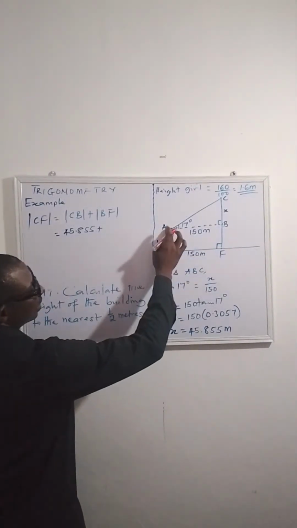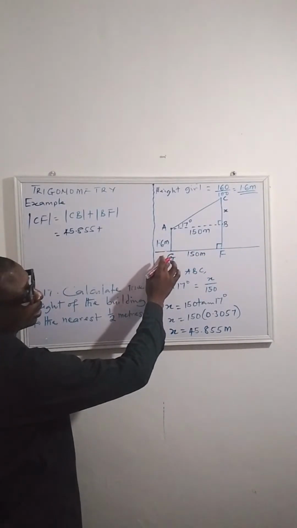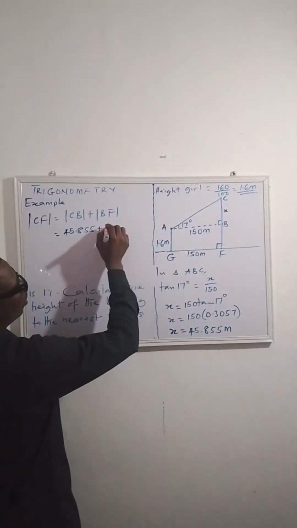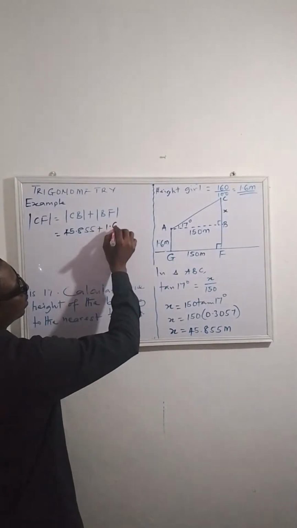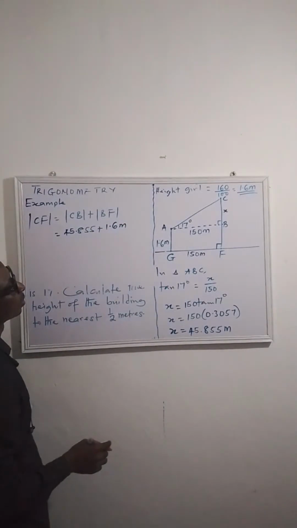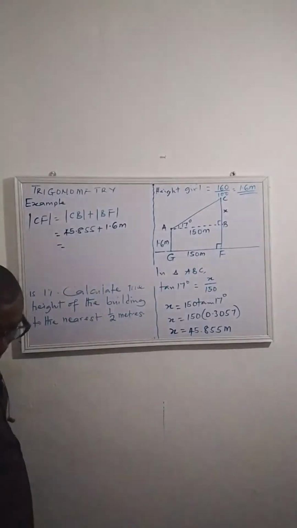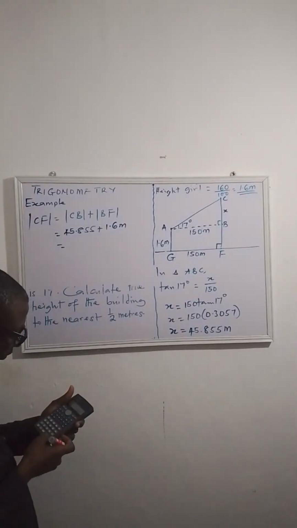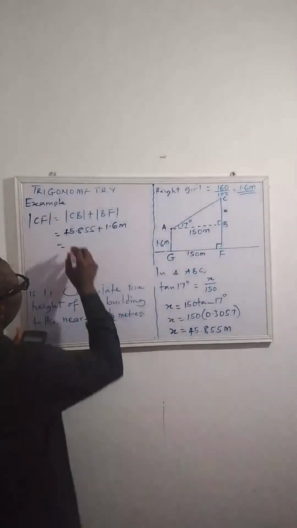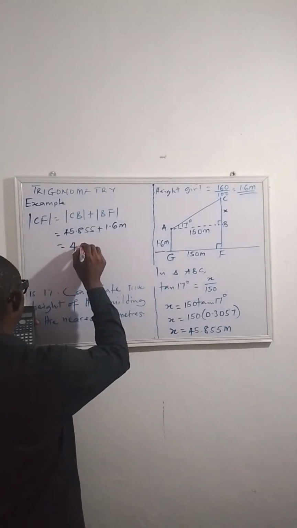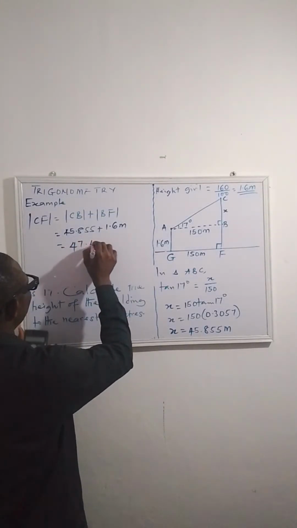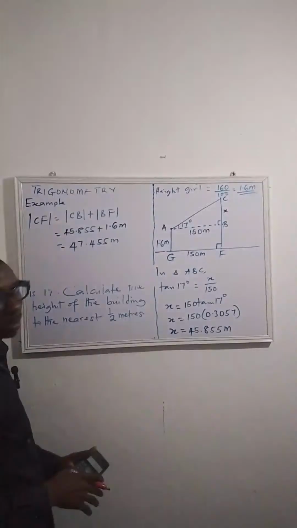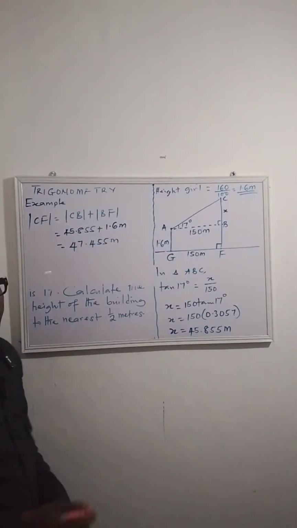BF is the same thing as AG, so that's going to be 1.6 meters. Now when you add together, plus 1.6, you have 47.455 meters. Okay, so that is the answer to the problem.